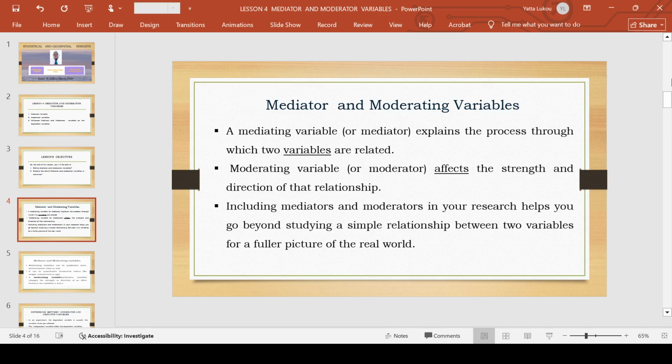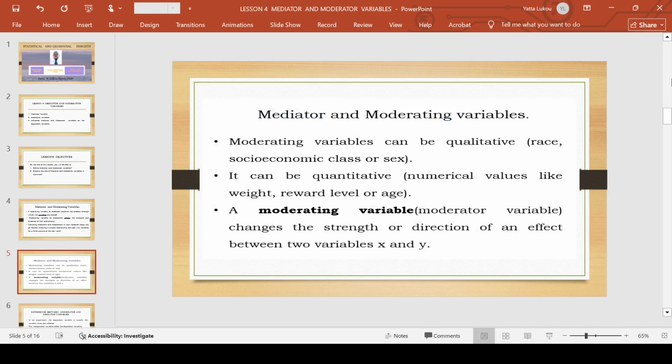Moderating variables, also known as moderator, affects the strength and direction of the relationship between two variables. Moderating variables can be qualitative or nominal, like race, socioeconomic class, or sex.